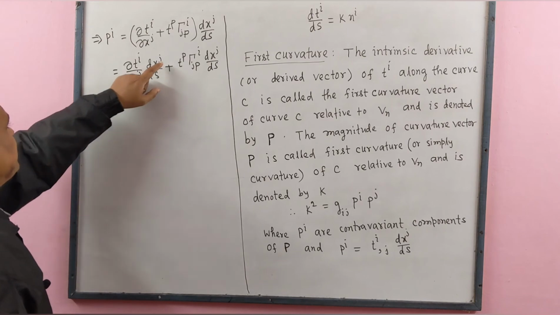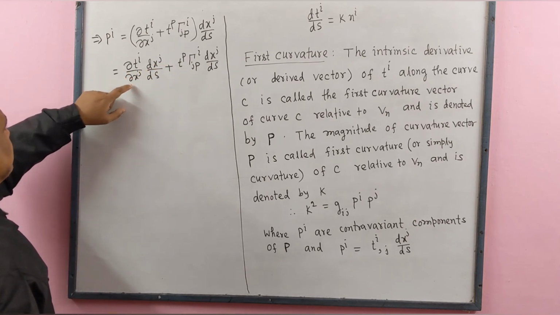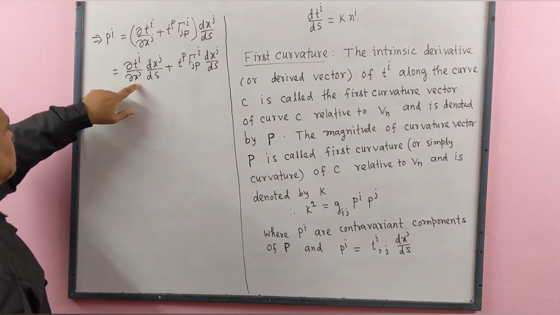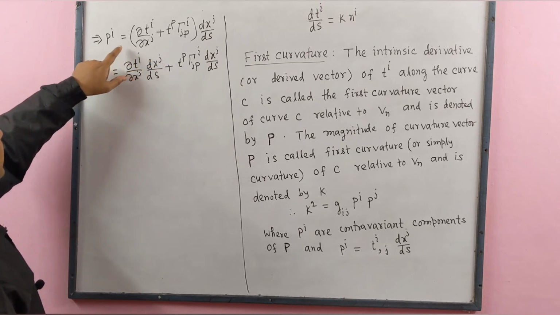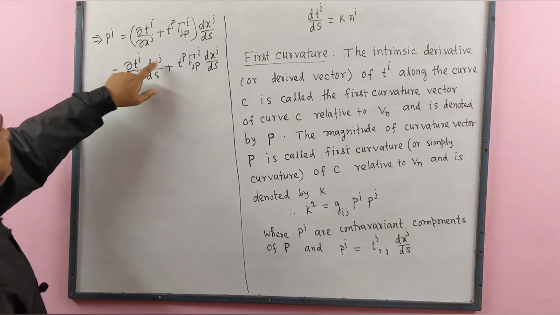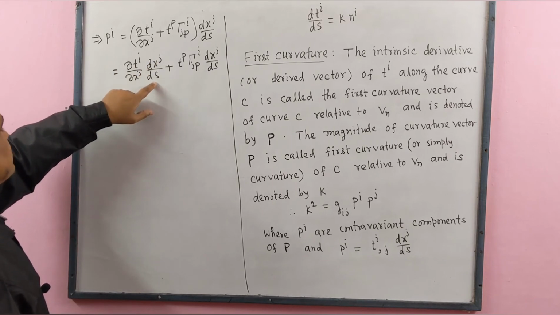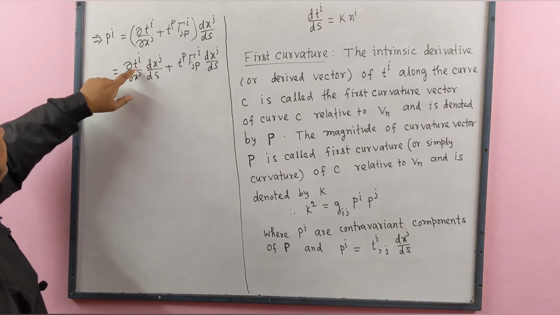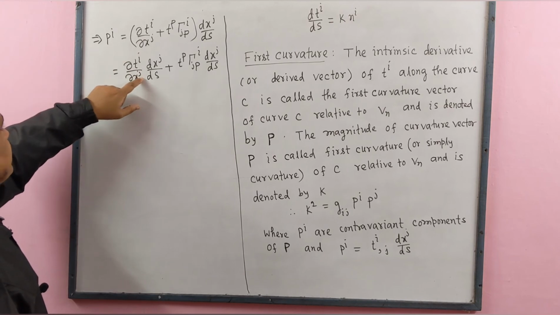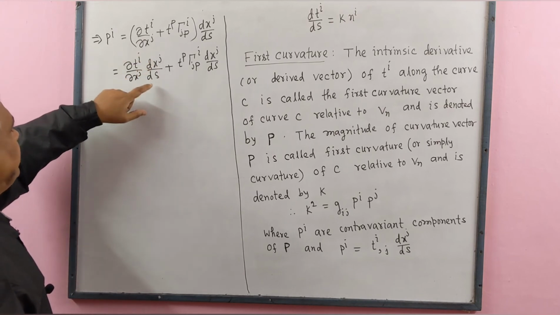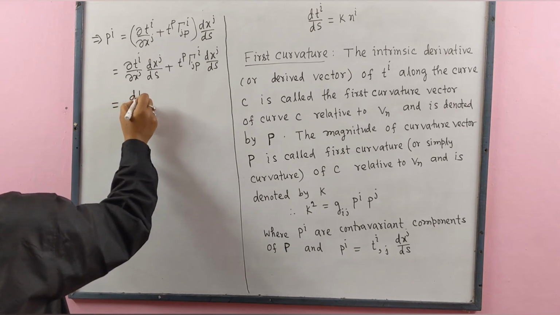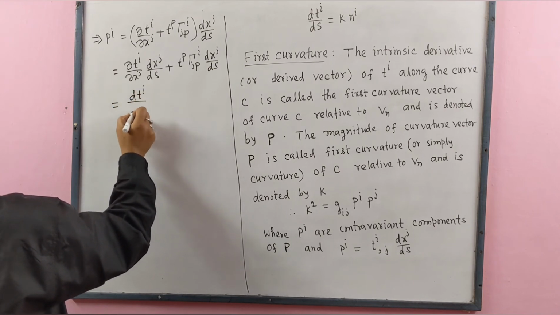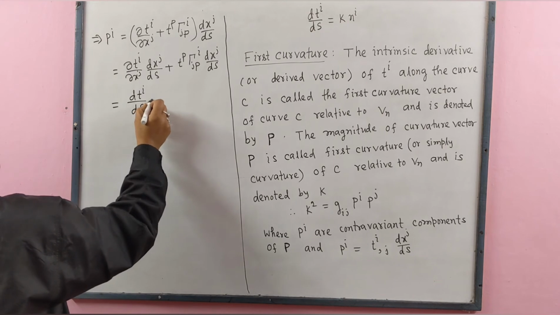Here j is the dummy suffix. That means del Ti by del x1 dx1 by ds plus del Ti by del x2 dx2 by ds plus dot dot del Ti by del xn dxn by ds, that means dti by ds.